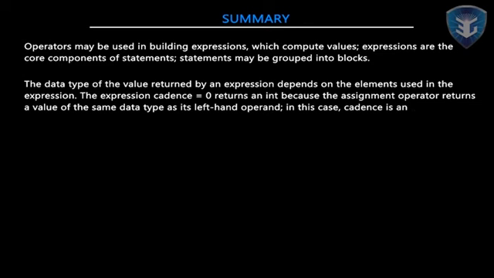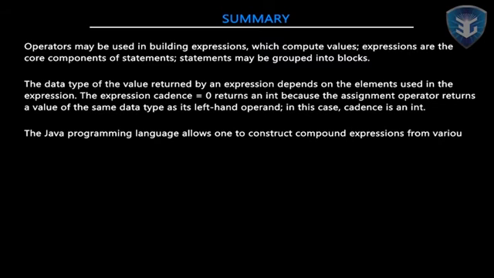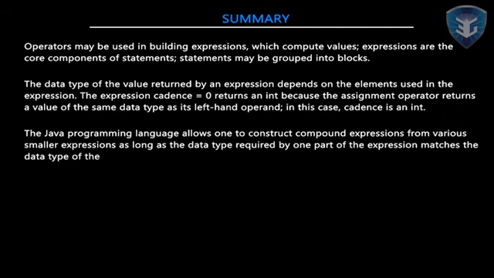The expression cadence equals 0 returns an int, because the assignment operator returns a value of the same data type as its left-hand operand, in this case cadence, which is an int. The Java programming language allows one to construct compound expressions from various smaller expressions, as long as the data type required by one part of the expression matches the data type of the other.